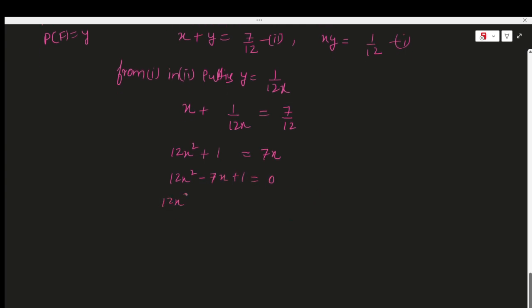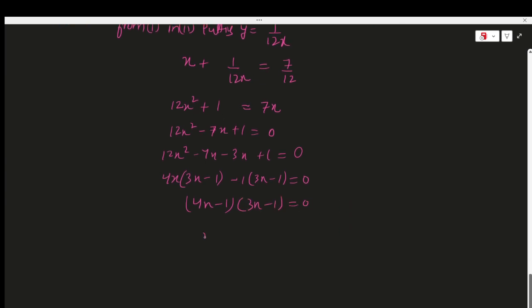So we can just factorize it as 4x minus 1, 3x minus 1 equals to 0. So x will be 1 by 3 and 1 by 4. Two values.